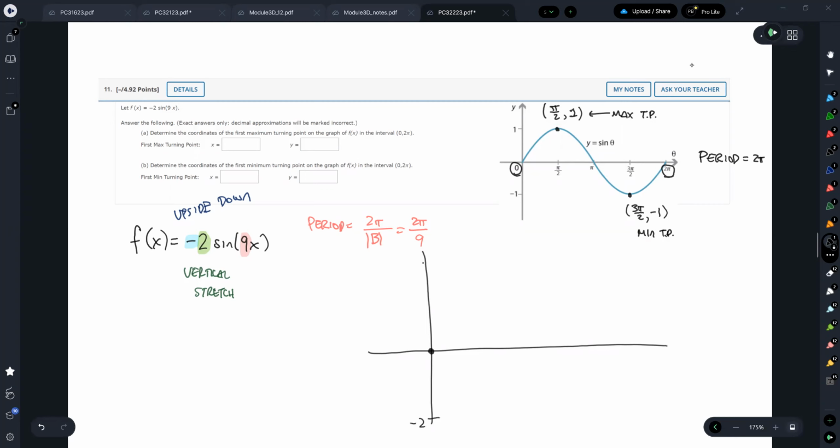Instead of +1, it's going to go to +2. All right, so that's going to tell me the shape of this function in the vertical direction. Again, this is upside down, so it's going to come down, come down, come up, and then back down. That was really bad.